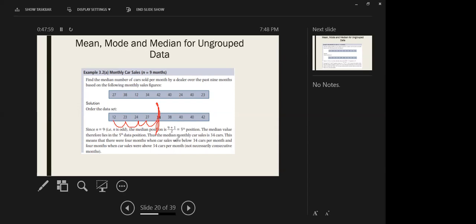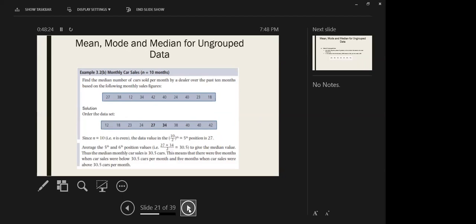Because since we have rearranged the data into ascending order, now we can tell you that based on the median value, there are 4 months where we got sales that are less than 34, and 4 months where we got sales above 34. So basically, that's where the issue of the median comes into play.